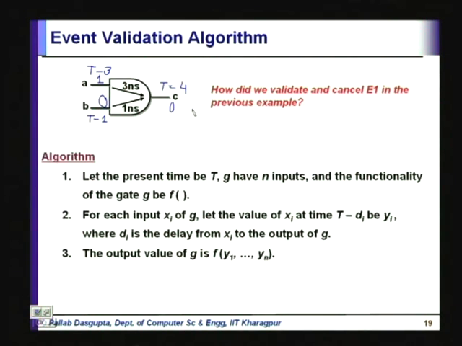Is that clear? So, now let us see what the event scheduler is doing. It is only scheduling that at time t equal to t plus delta, you have to evaluate that gate, right.